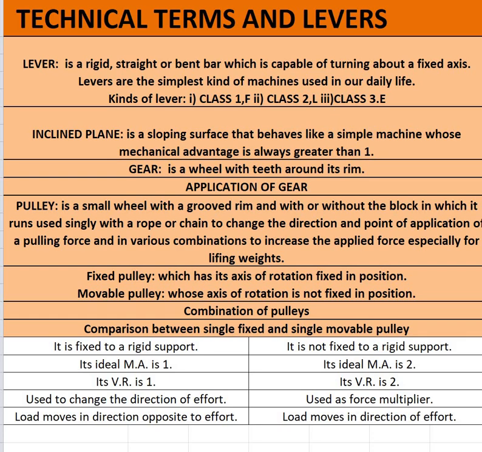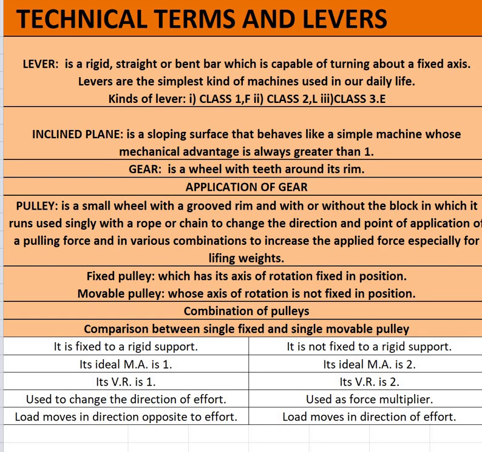Now the mechanical advantage of the lever is equal to the ratio of the length of its effort arm to the length of its load arm. In the previous case with machines, we said mechanical advantage is with respect to effort and load, but here we are talking about effort arm and the load arm.